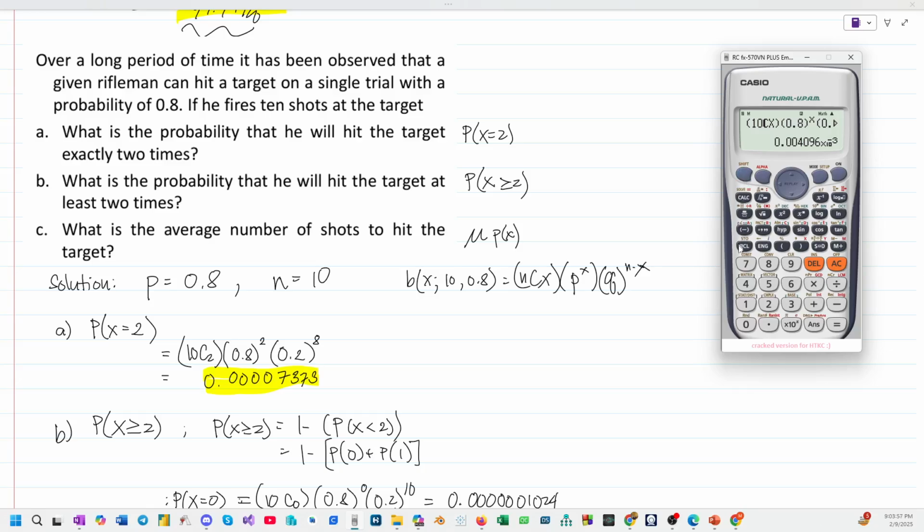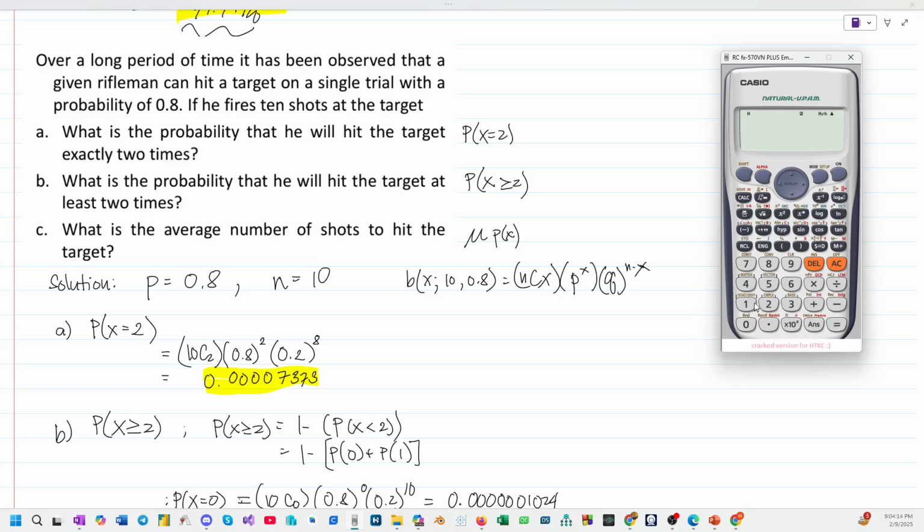Store natin siya. Shift, store B. Itong isa is, calculate natin na 0. Yan. Shift, store E natin.